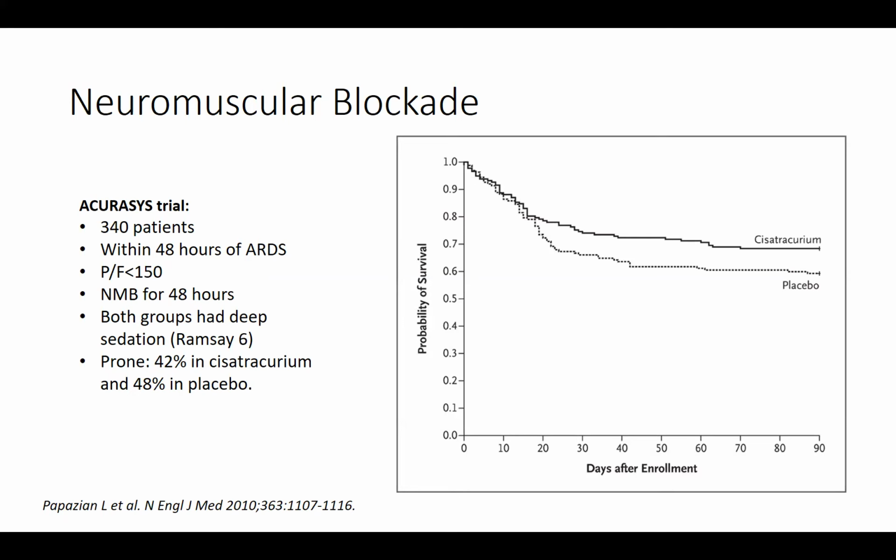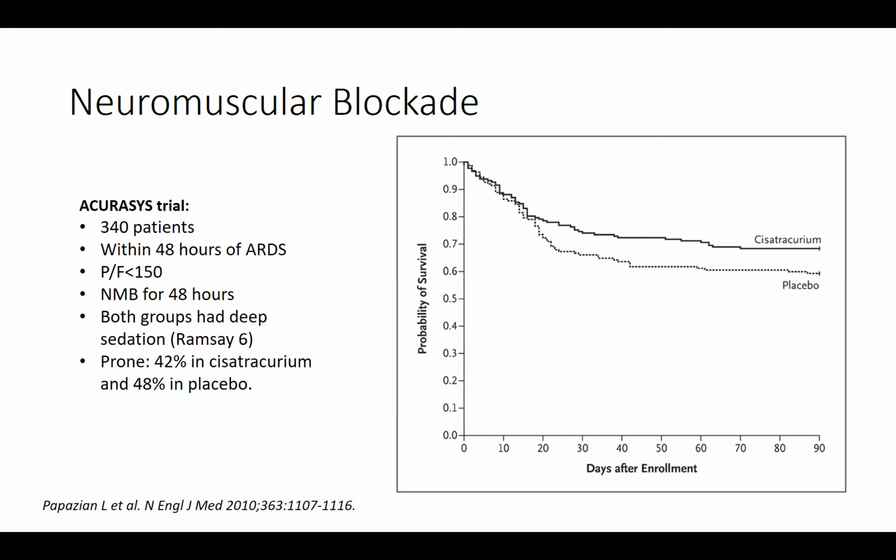This was the ACURASYS trial that looked at that question specifically. Cisatracurium versus placebo, so 340 patients, 48 hours of ARDS, PF ratio less than 150, and they did neuromuscular blockade for 48 hours. So they didn't look for patients with dysynchrony.